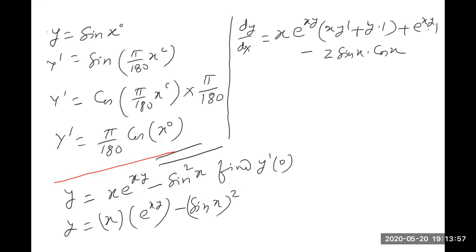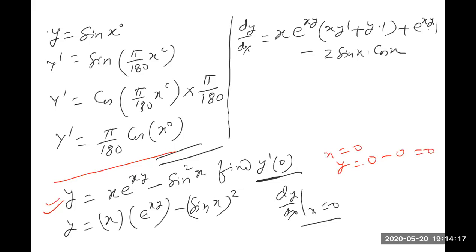So you have to find that dy by dx at x equal to 0. So first of all, you must find at x equal to 0, what is the value of y? So in this question, if you put x equal to 0, y is equal to 0 minus 0 is equal to 0. That means at x equal to 0, y is also 0.